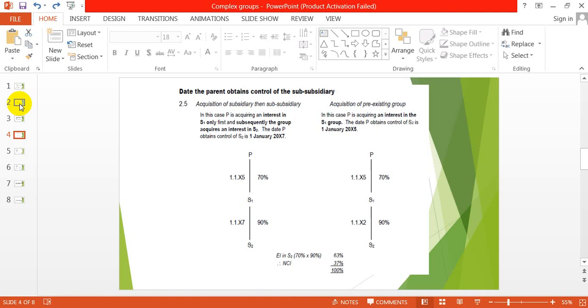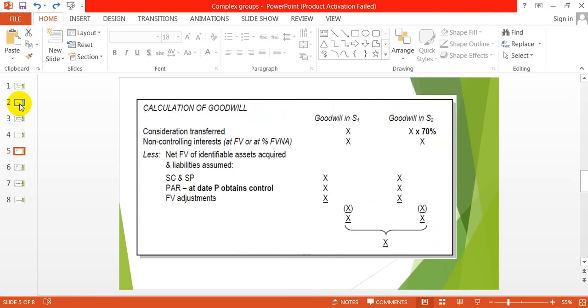So immediately P acquired S1, it effectively controlled S2 as well. The goodwill calculation has to be done for each subsidiary individually.